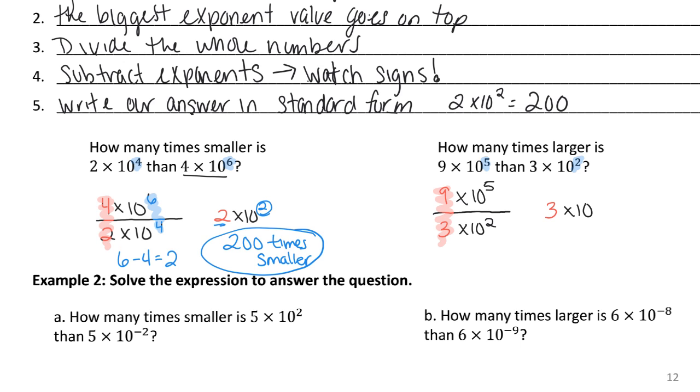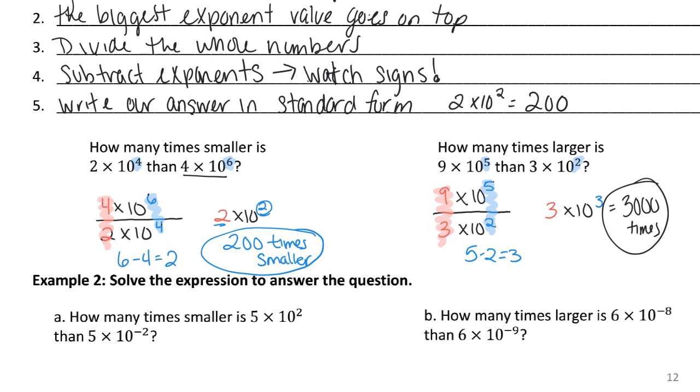And then we have to look at our exponents, 5 and 2. So we do 5 minus 2 is 3. So we have 10 to the 3rd. And then our answer is actually 3,000 times. Okay? And I got that just by converting that to standard form.